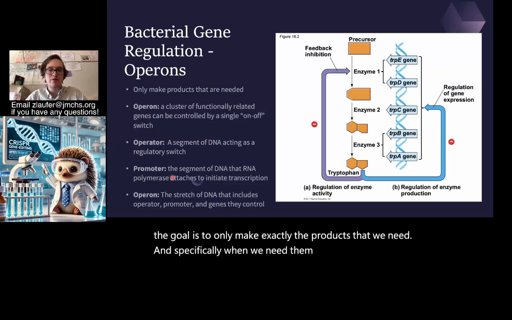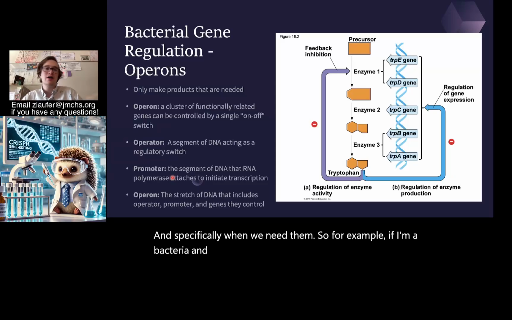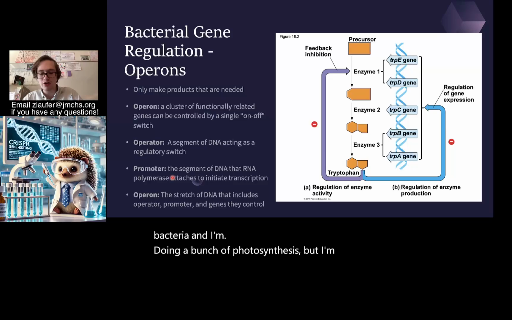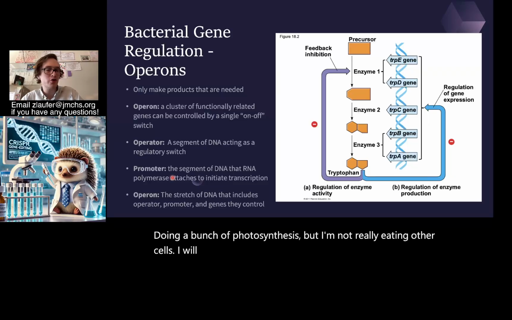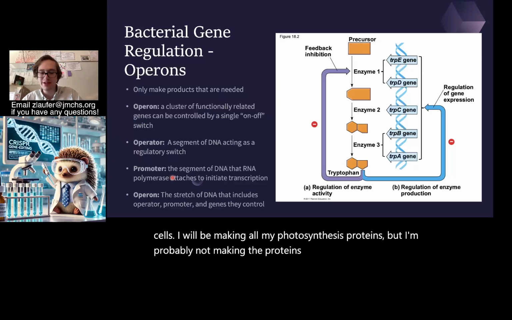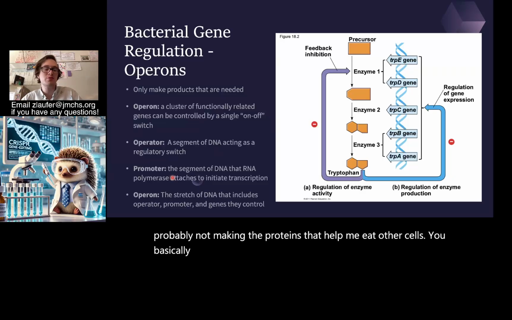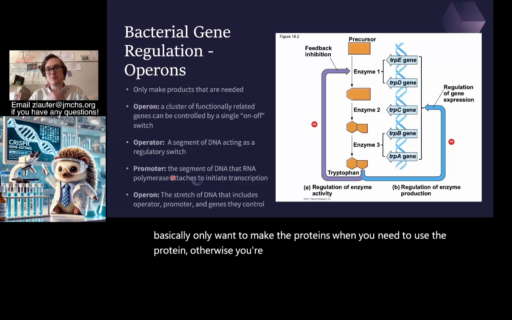So, for example, if I'm a bacteria doing a bunch of photosynthesis, but I'm not really eating other cells, I will be making all my photosynthesis proteins, but I'm probably not making the proteins that help me eat other cells. You basically only want to make the proteins when you need to use the protein. Otherwise, you're wasting energy, you're wasting materials.